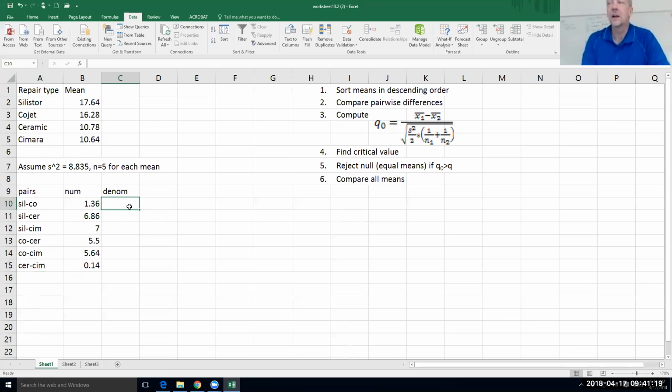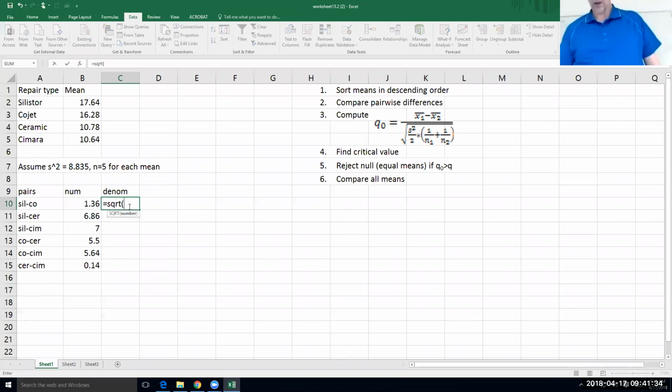Okay? All right, for your denominator, okay, your denominator is going to be the square root of. Now, the s squared, it was 8.835. You don't have to square that again. It's already squared. Okay?